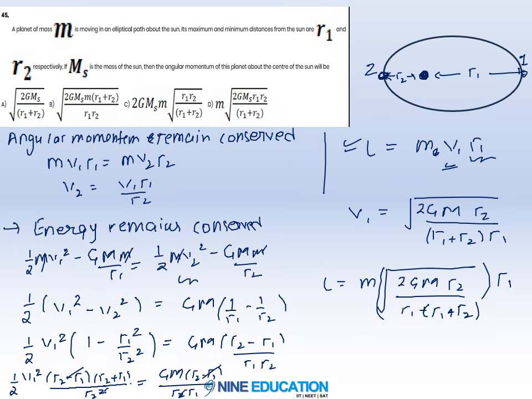So r1 will come inside, you will get L equals m under root 2GM r1 r2 upon r1 plus r2. So this option is correct, option D is correct.